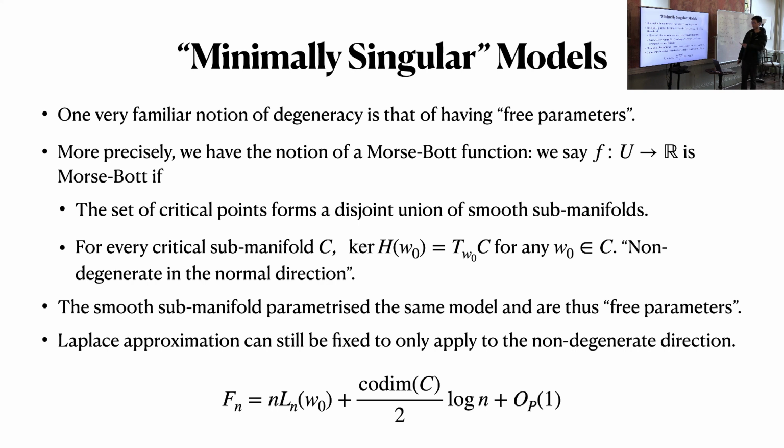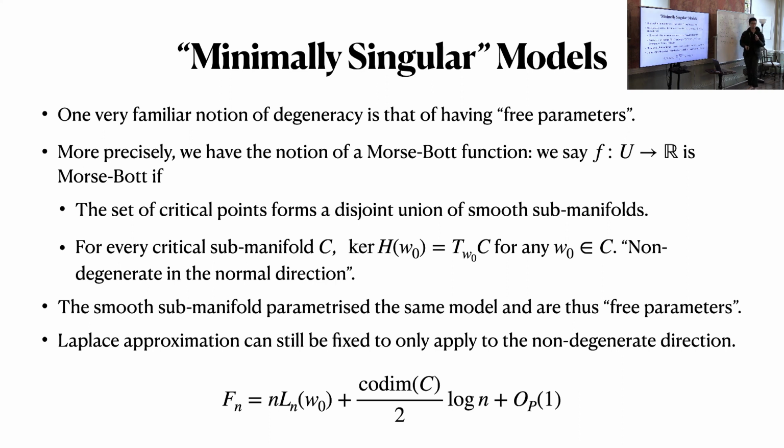So a Laplace approximation can be fixed by just applying the same theorem, but to a subset of those coordinates. And the upshot of that is that the larger this manifold is in terms of dimension, the more free parameters you have. Every time you have a free parameter, you decrease your model parameter count by 1.